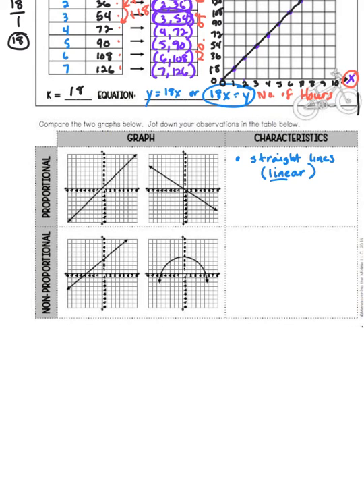And then this is not quite as obvious, but both of them pass through the center of the graph, just like our graph did up above. And that's known as the origin. The lines pass through 0, 0, and that's known as the origin.